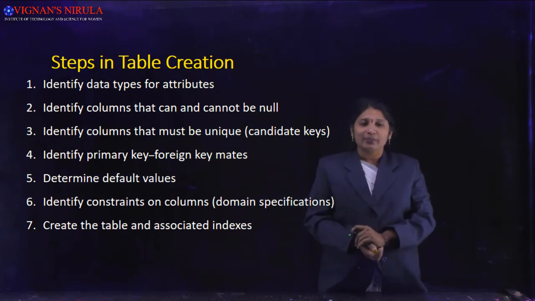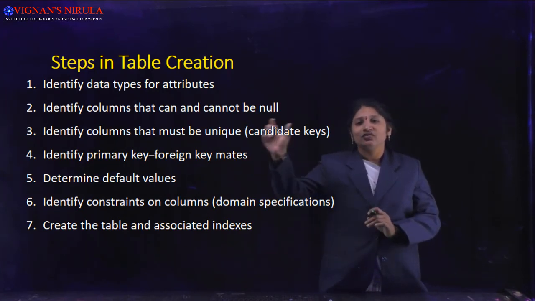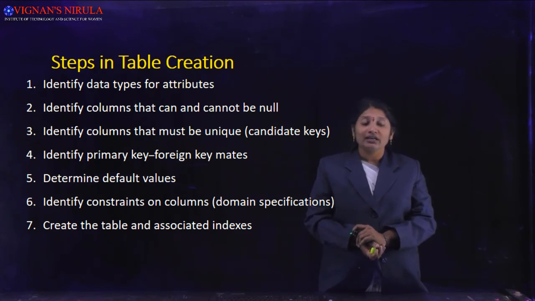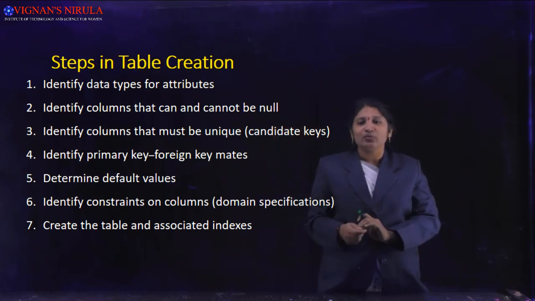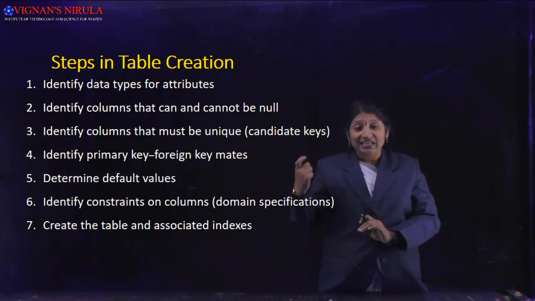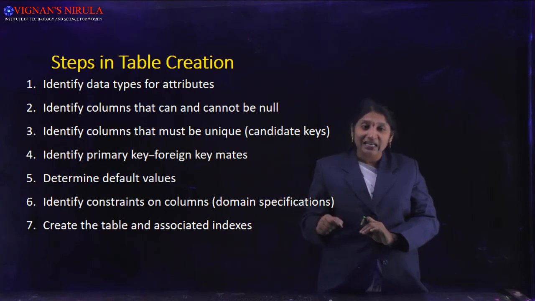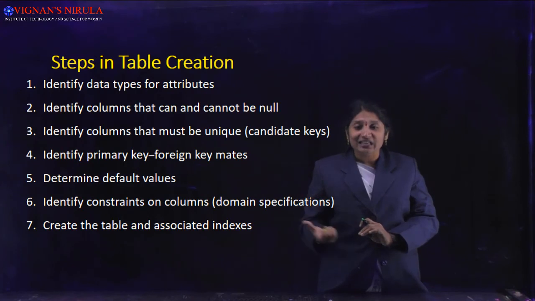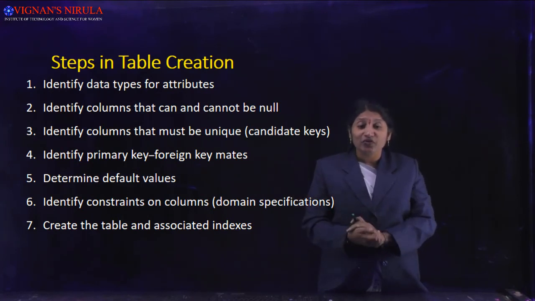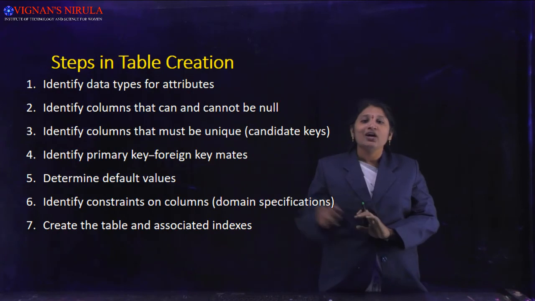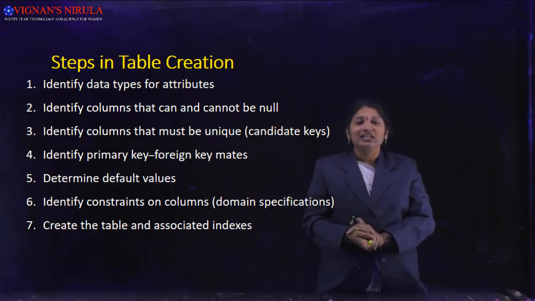The first step is to identify what data items should be stored under that table, what the data types for those attributes are, as well as what the constraints on those attributes are, that is, whether the attributes can be null or not, whether they can be candidate keys or foreign keys, or whether some default values exist among those attributes or not. All these types of constraints should be learned before we define the table.